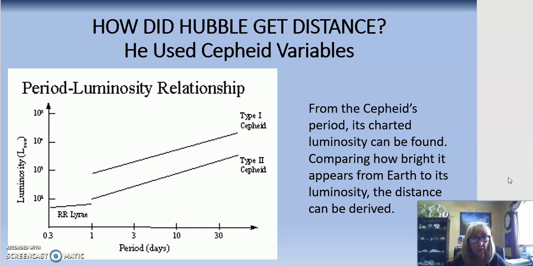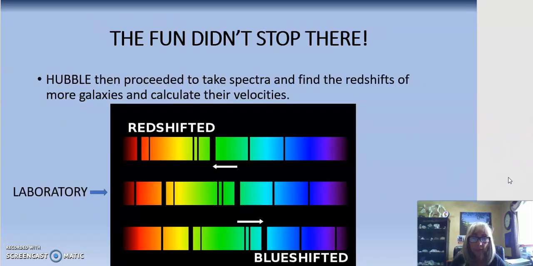So that was part of the puzzle, but he also needed to know how fast it was moving away from us. So for that, he was using the redshift. So remember spectra, how in a laboratory, like in the middle one right there, the lines are supposed to be in a particular place for a particular element.